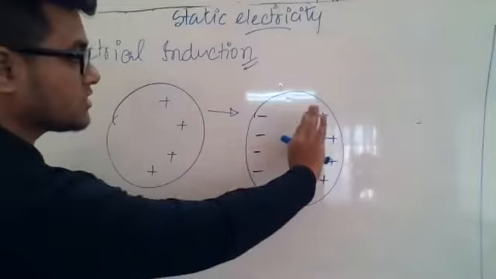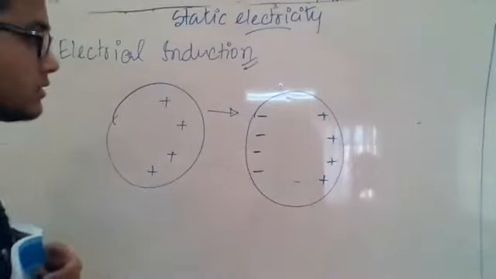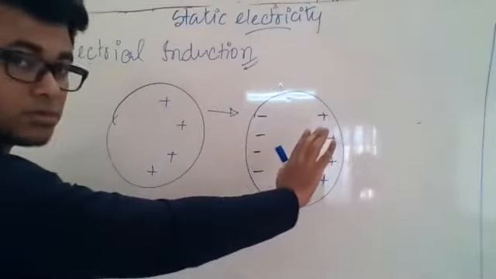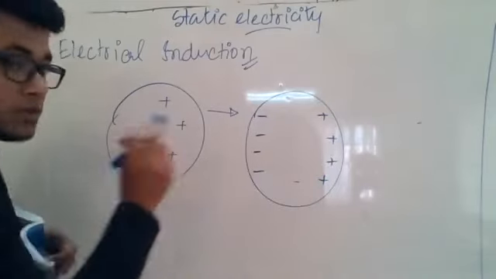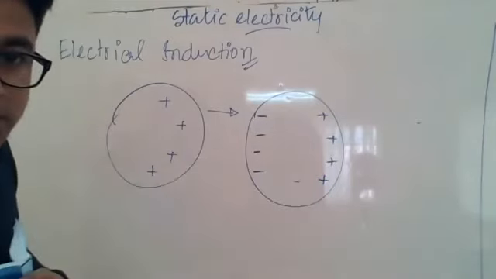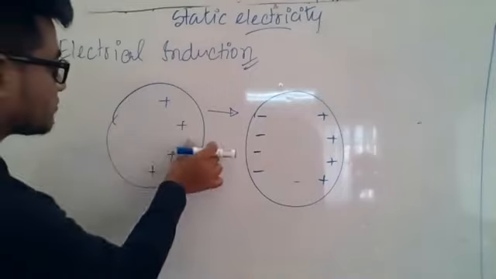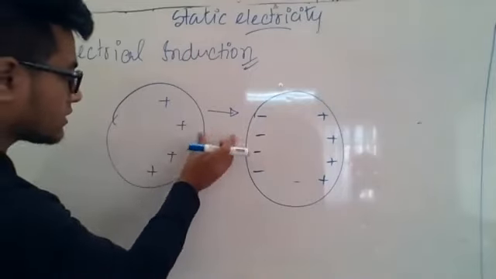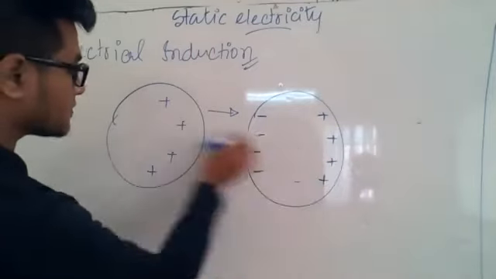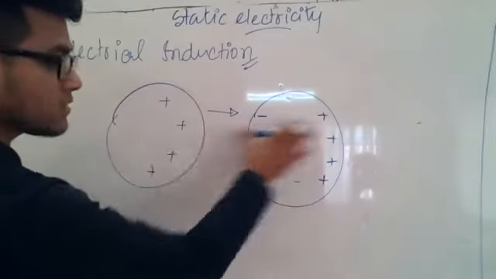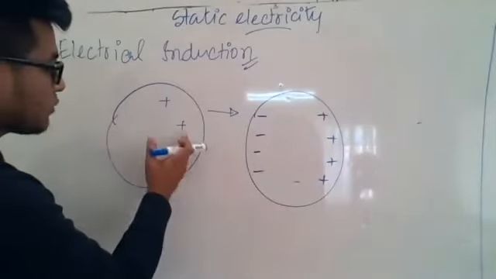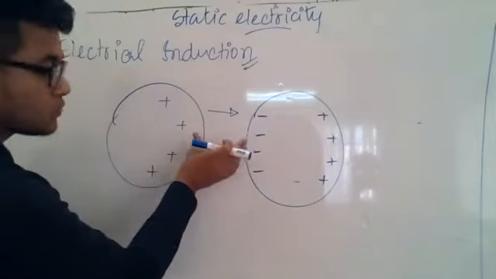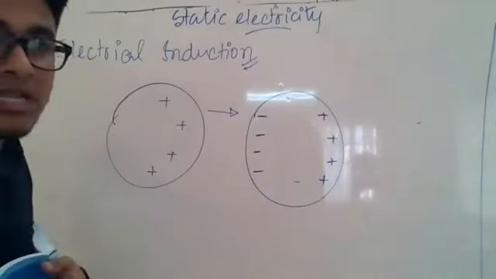The repulsion force, this will be, you know, the positive charges will be accumulated on this side. But which force will be bigger, do you think? Definitely this positive and negative are closer than this positive and this positive. See, this positive and this positive are at a greater distance, but this positive and negative are closer, so the force between them will be much higher.